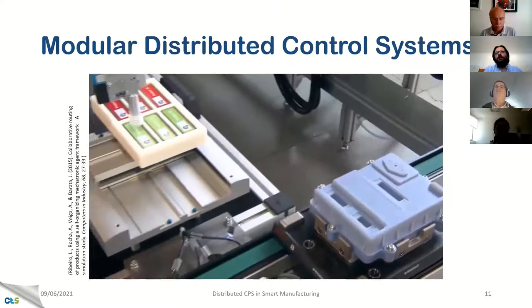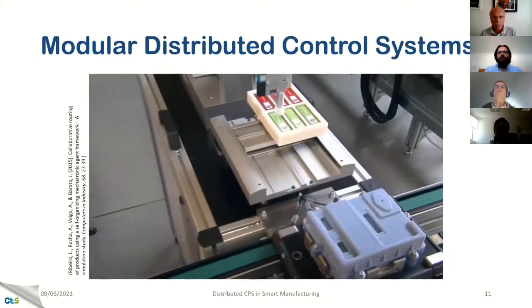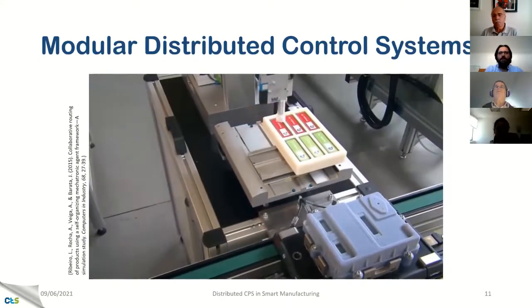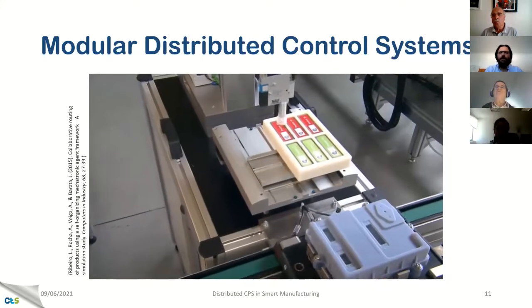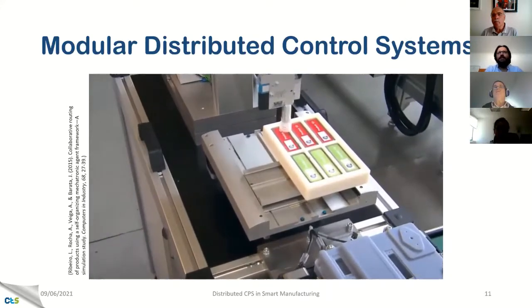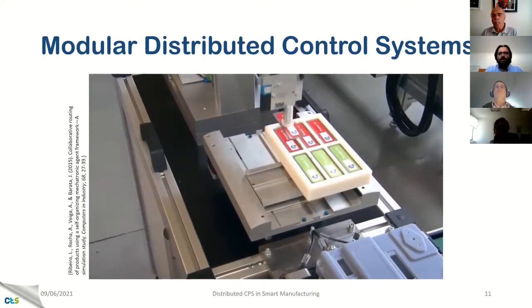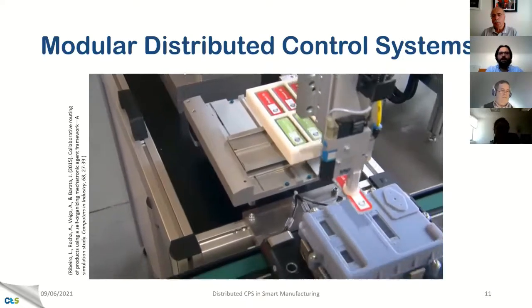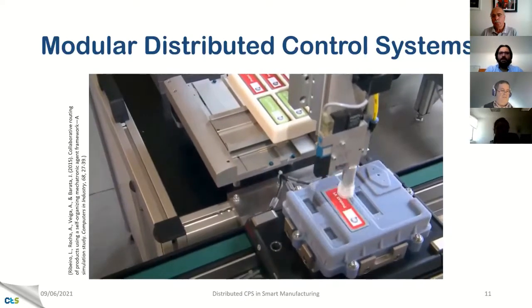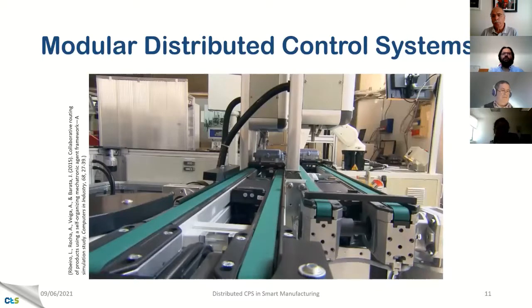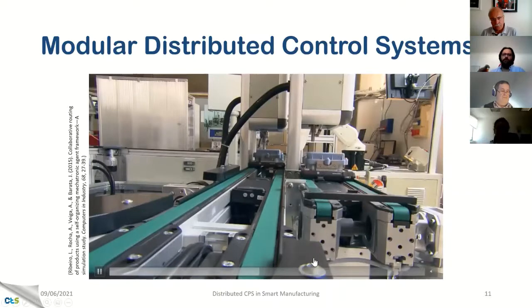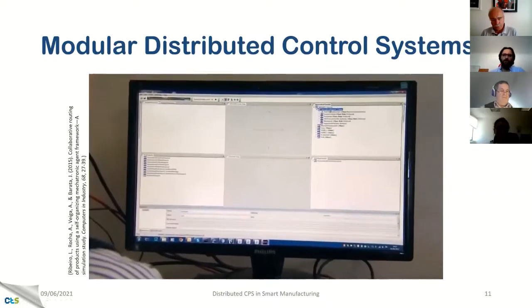And since the behavior is the combination of the interactions among these entities, the system is capable of dealing with changes. For example, this station here receives the result of the test we performed in these stations, and puts the red or the green label according to the result of the test.